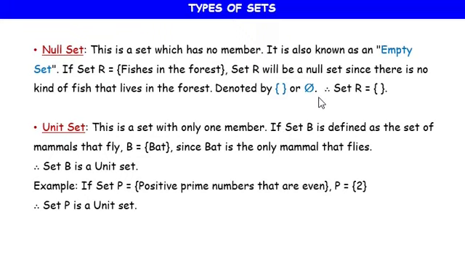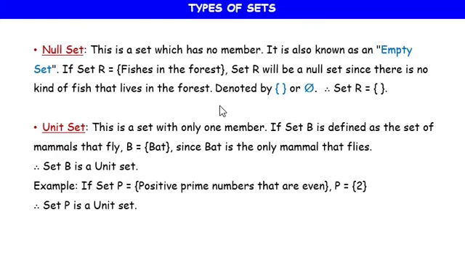Now you know that even numbers do not have any remainder when divided by 2. So if I say that set A is the set of numbers that leave a remainder of 1 when divided by 2, you tell me that there is none. So set A will also be a null set. That's all for the null set.